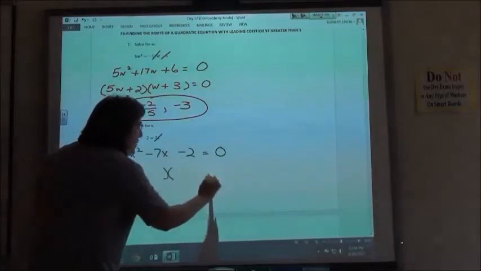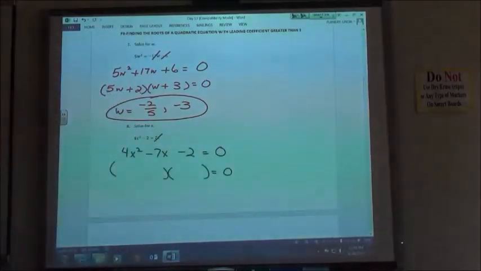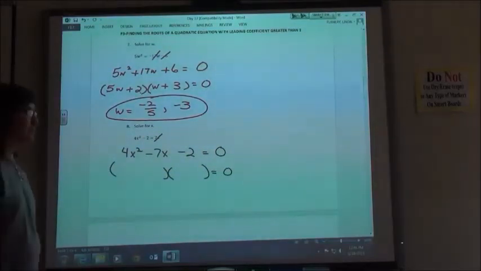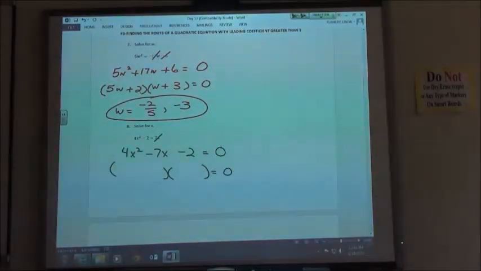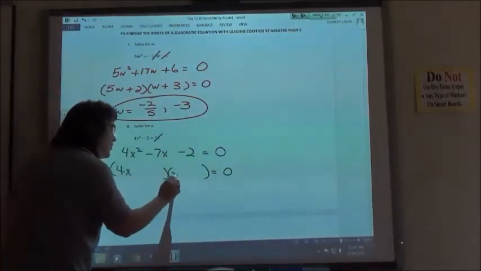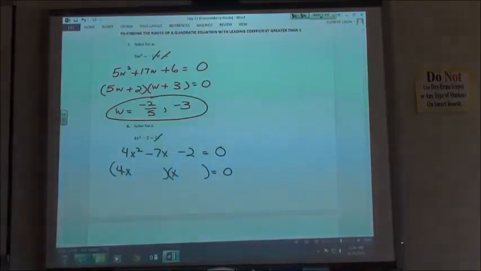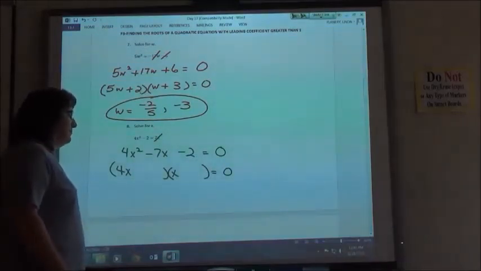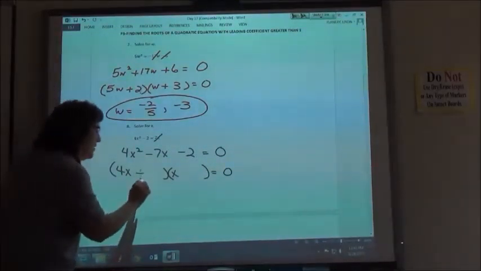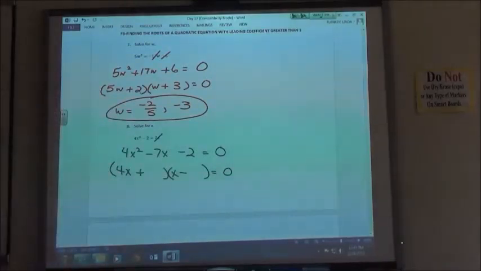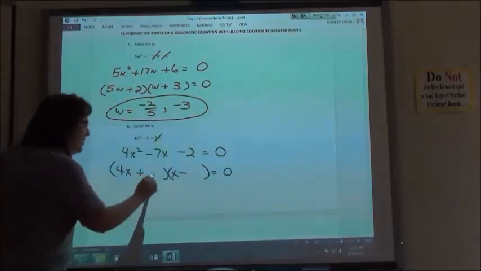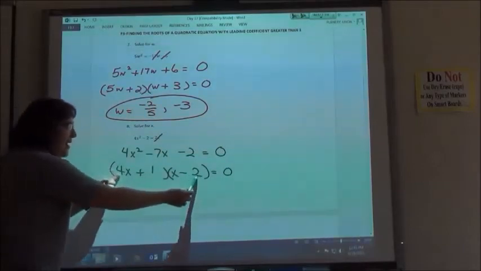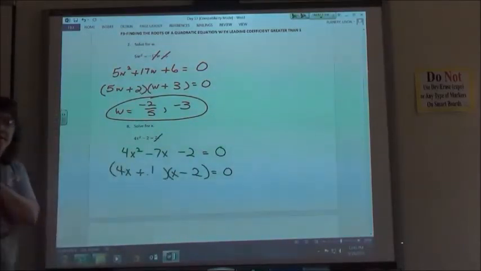So factoring that one out, factors of 4x squared, 4x and x. It might be 2x and 2x. We don't know. We're guessing. So we're going to go with 4x and x. My signs? A positive and a negative. Factors of 2, 1 and 2. And if I check that, I get -8 plus 1, which sure enough is -7.